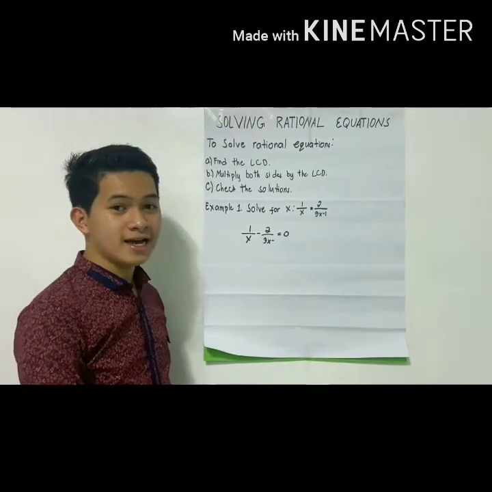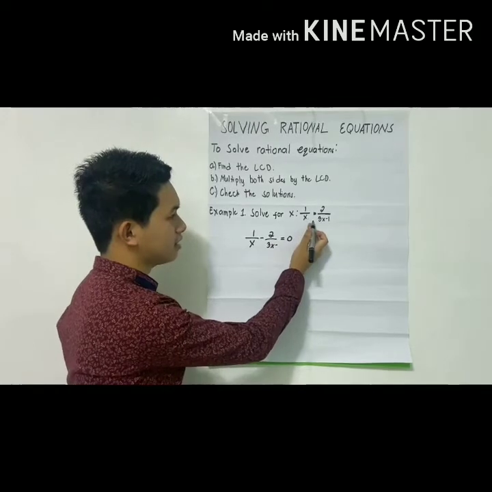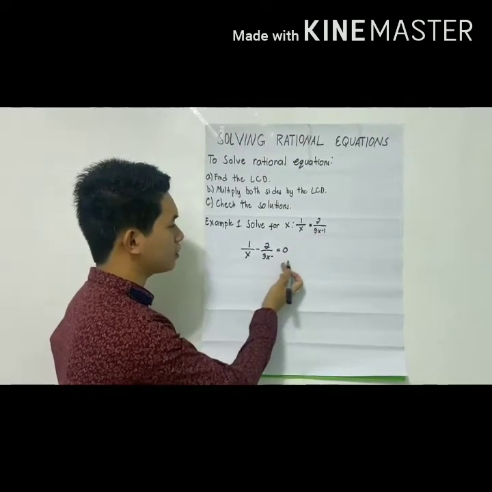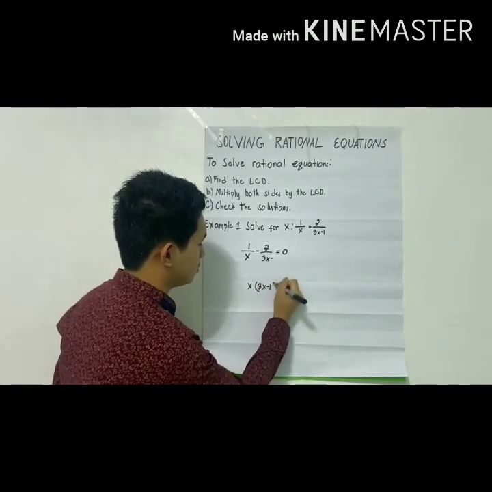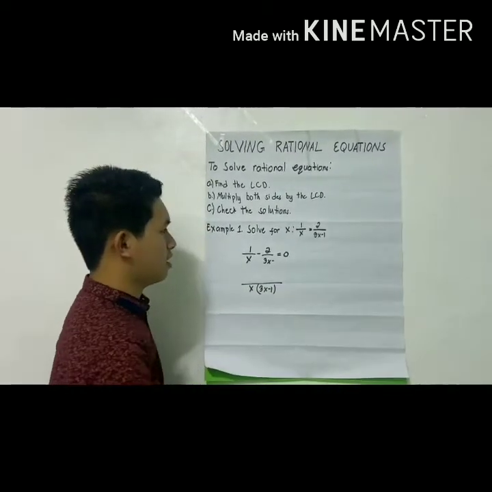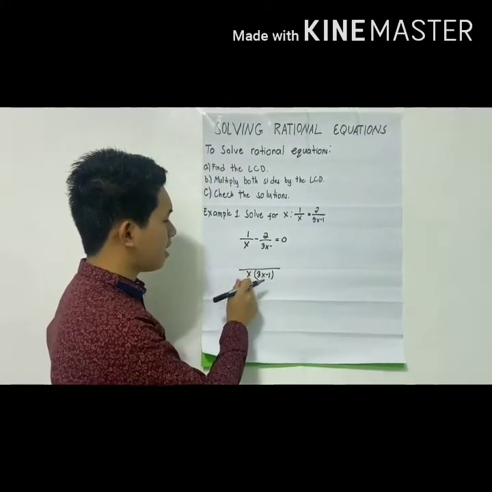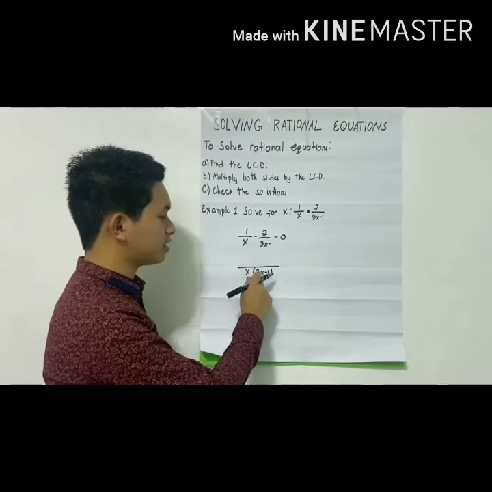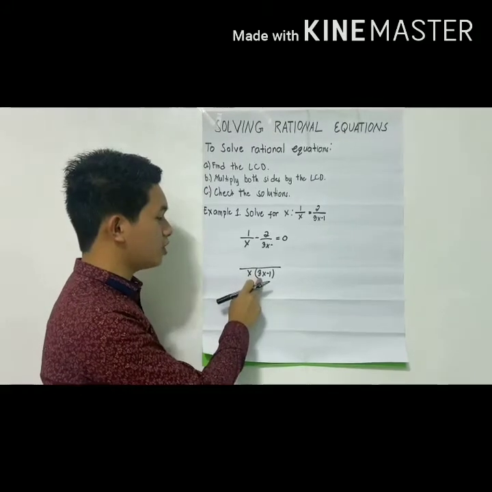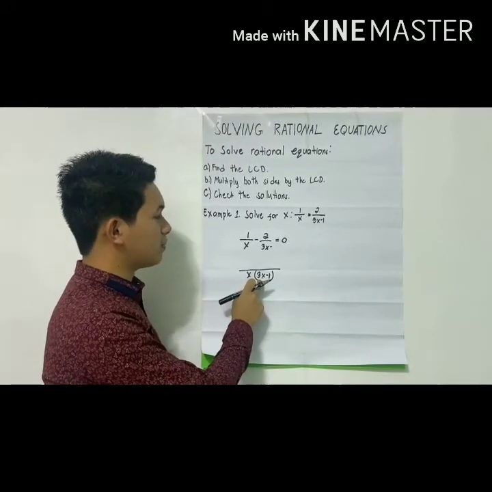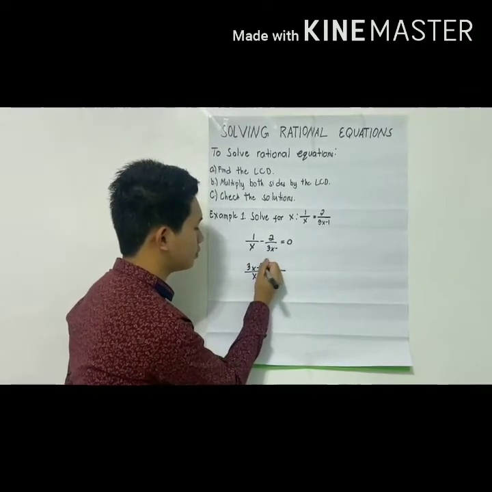Now, find the LCD. Ang LCD natin is x times 3x minus 1. Our denominator. Then, kukunin natin yung sa taas niya. Then x times 3x minus 1 divided by x is equal to 3x minus 1 multiplied by 1 is equal to 3x minus 1.